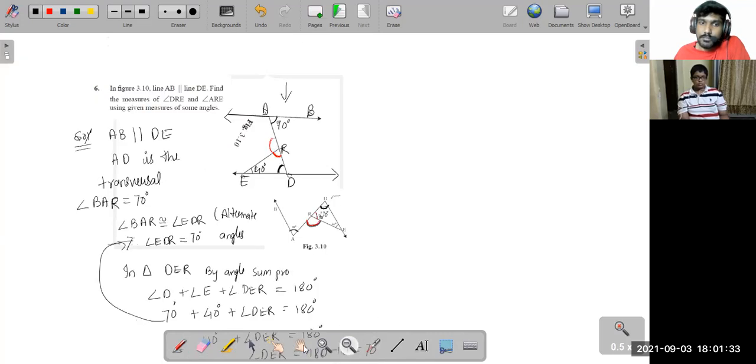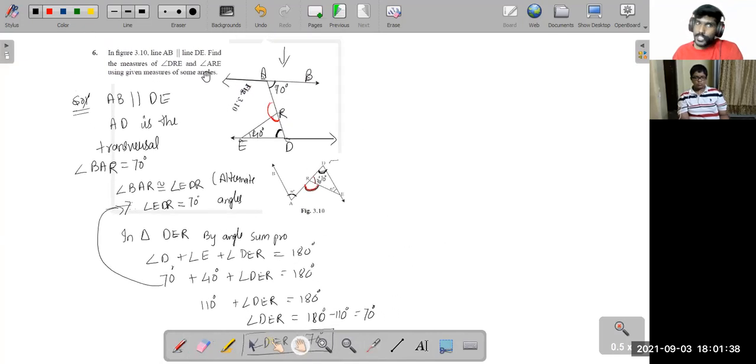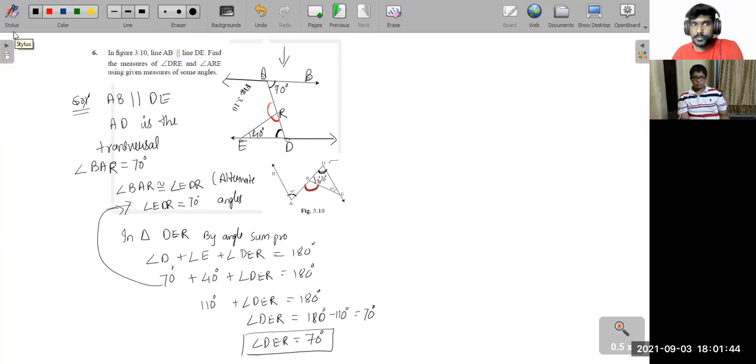So can you complete this sum? The second part, whatever you want to use, use that: linear pair or the remote interior angle theorem. Will you complete this sum? The second part is still left, to find angle ARE.